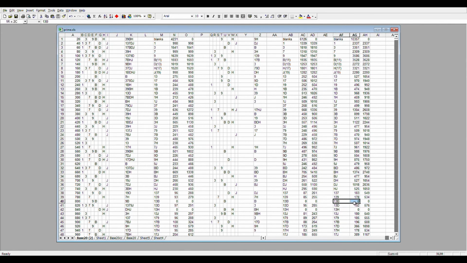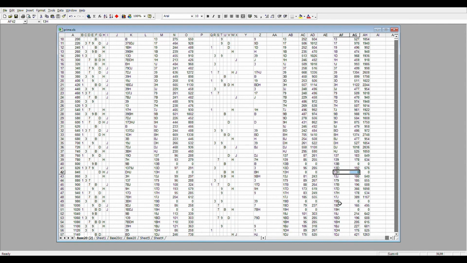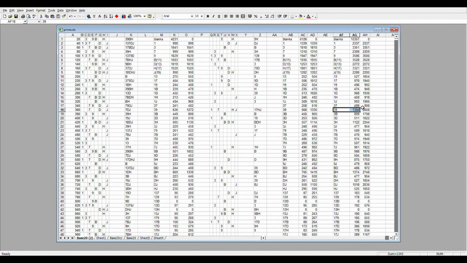The ones I'm concerned about are the ones that are easier to have a population in, like 13B and 13H. You'd think that they could at least have a few. They vary in their populations quite starkly. For instance, BH occurs quite a lot, and 39 occurs quite a lot too, in combinations of 2.